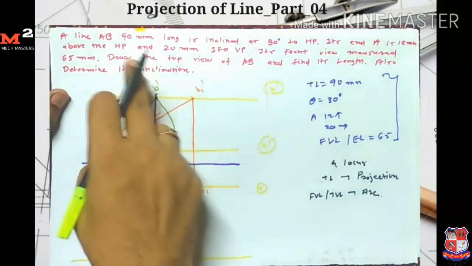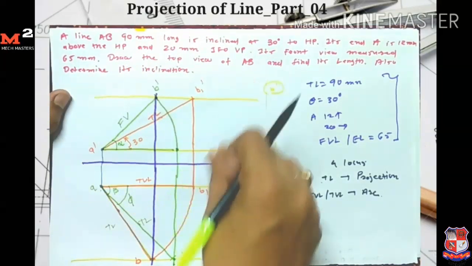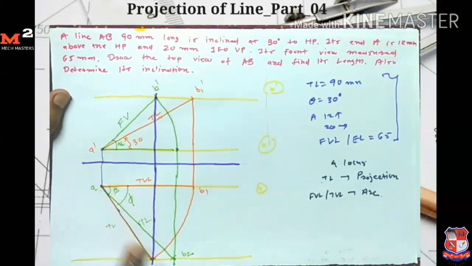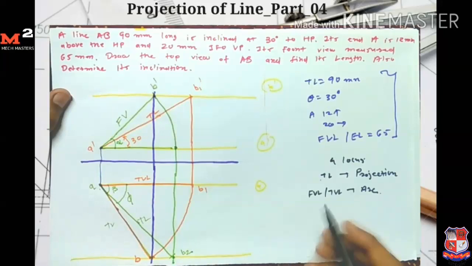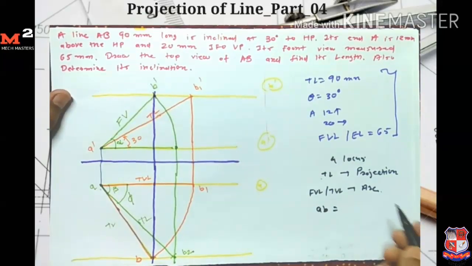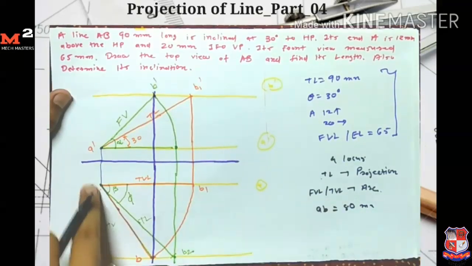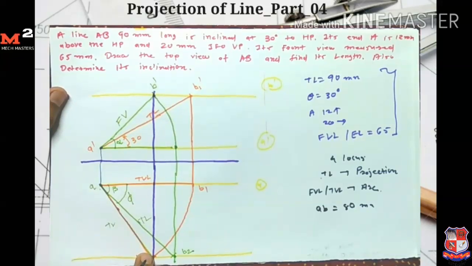Okay, in the question it is given that we are required to find the top view of the line AB. So here we get the top view of the line AB and its length. If we measure the line AB, then the length of line AB is equal to 80 mm. Also determine its inclination.